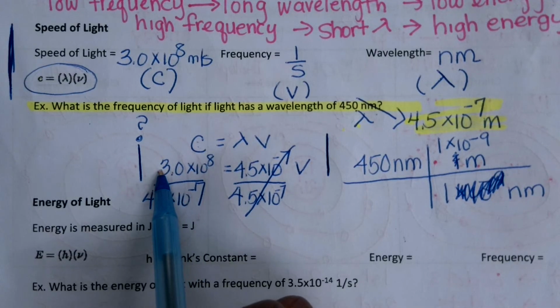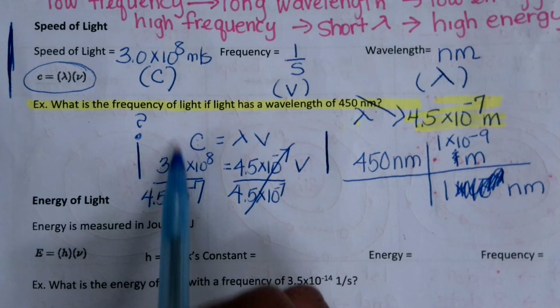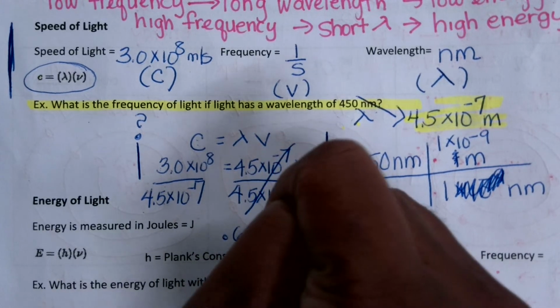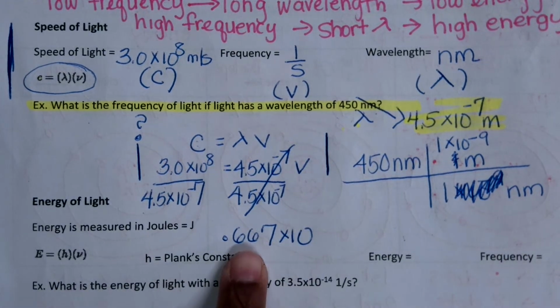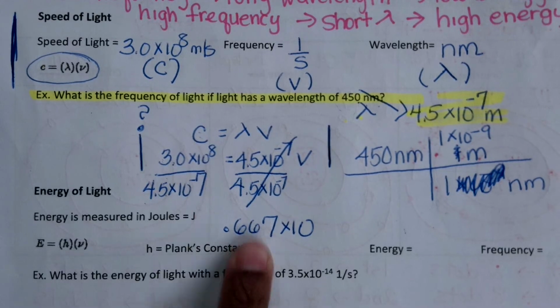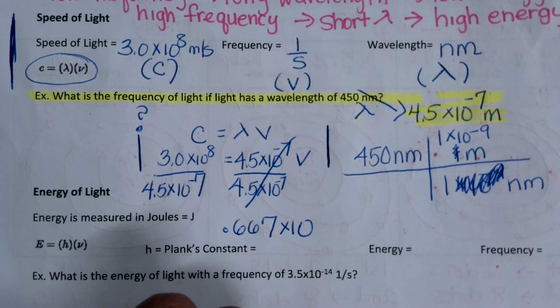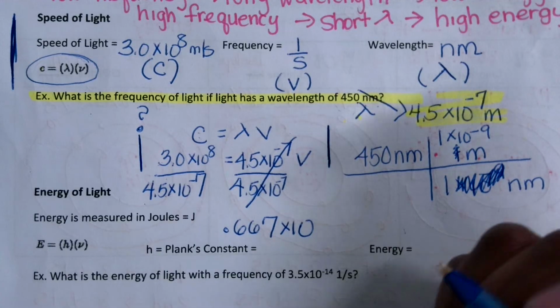If I do 3 divided by 4.5 in my calculator, just the front numbers you focus on, it comes out to this. That front number, if I just divide the front part, is 0.66.